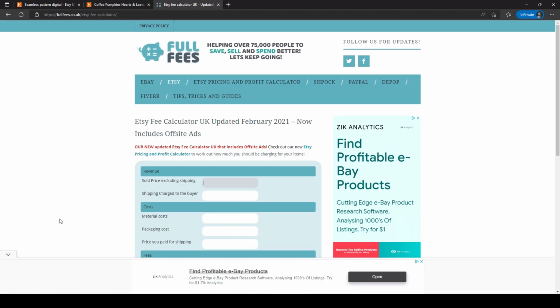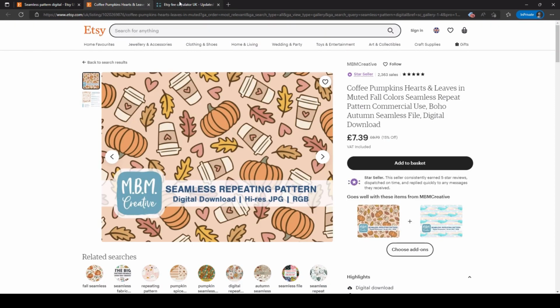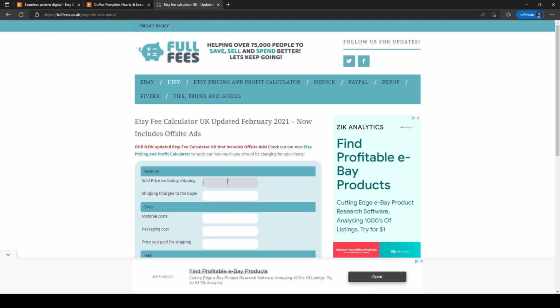Now this window here is the fee calculator. It's from February 2021, so it's about 18 months out of date, but the fees won't have changed that much, and this was the best calculator I could find. I'm just going to find out how much profit this person would make from selling one of those files. So it cost £7.39 to buy.